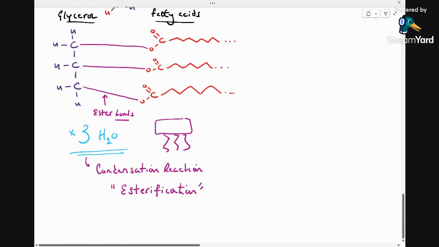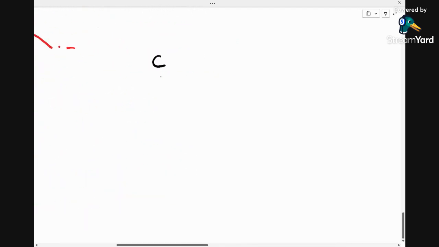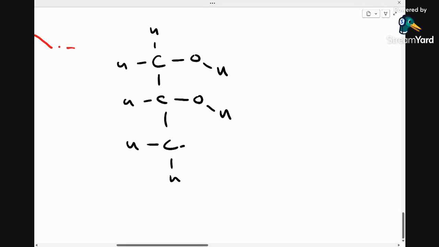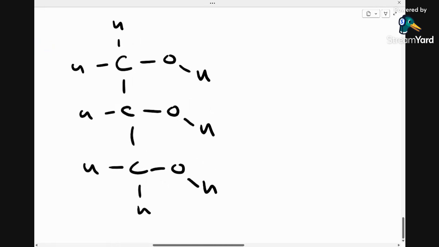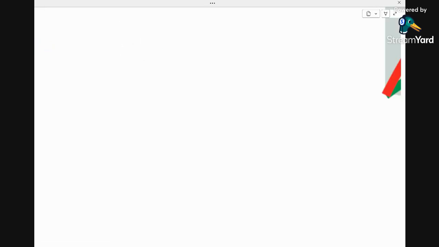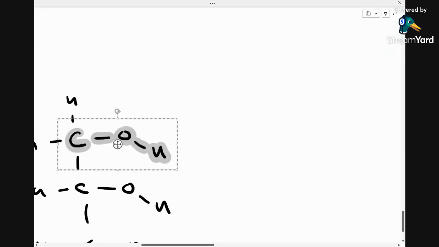Now, if you're interested in the reaction mechanism for this, I'm not going to go into a huge amount of detail, but I'll very quickly sketch the general gist here. I'll just do it for one of the reactions, but obviously it will happen 3 times over. So this is our glycerol. And it's important to note that on the oxygen here we have 2 lone pairs.